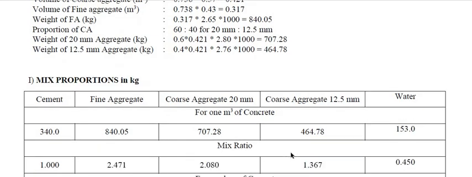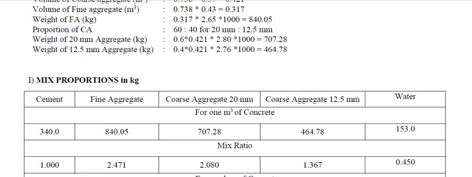Again, mix ratio is 1 for cement, dividing all the other parameters by 340. I get 1 for cement, 2.471 for fine aggregate, and 3.447 considering both the coarse aggregates. And separately it is 2.08 for coarse 20 mm aggregate and 1.367 for 12.5 mm aggregate.